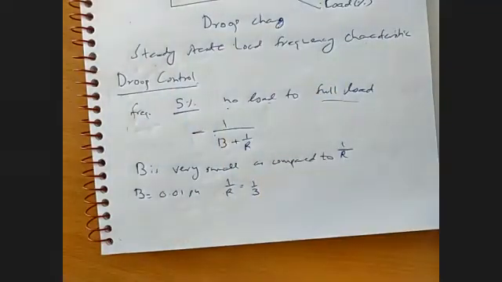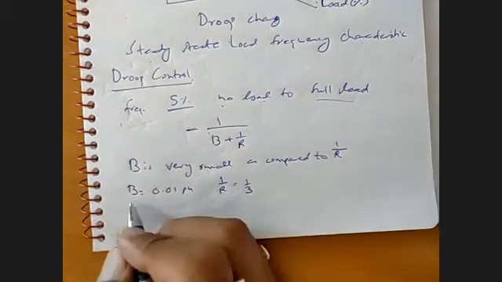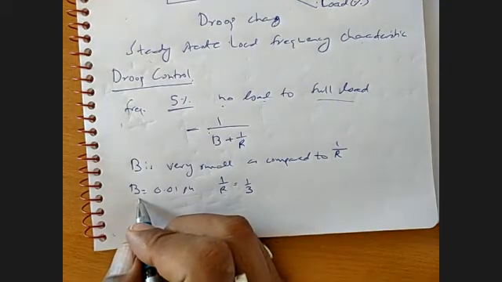So your R is 3 and B is 0.01. So 1 by R is very high as compared to B.